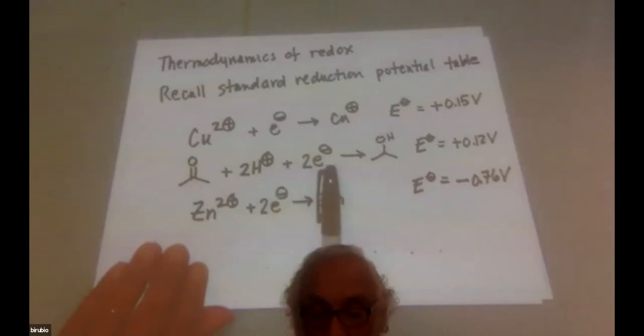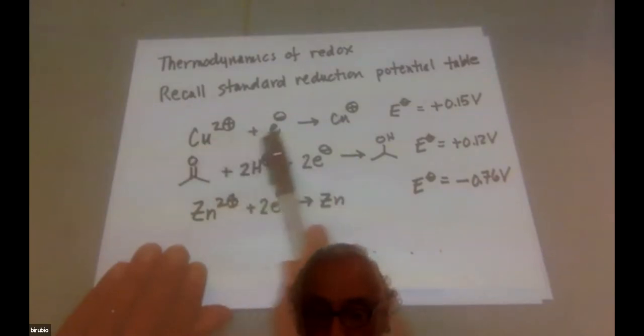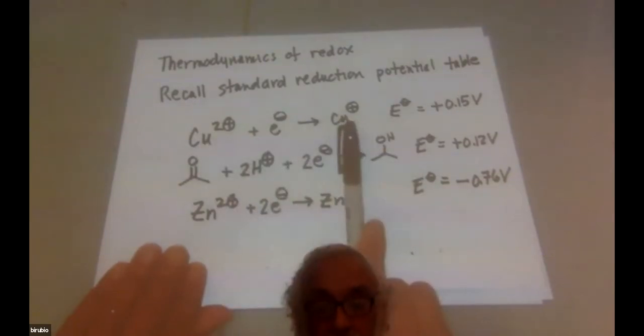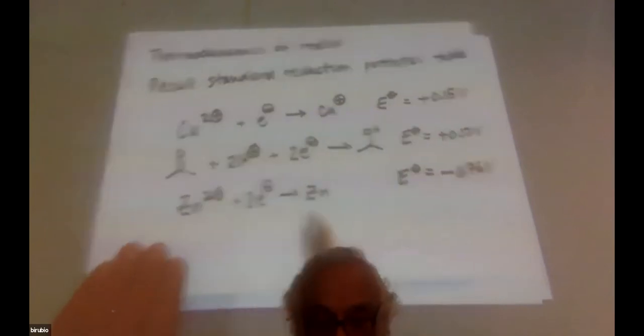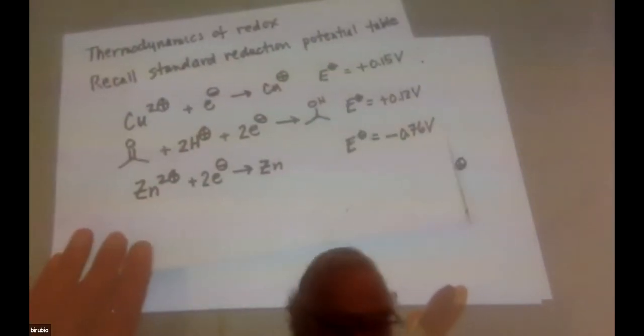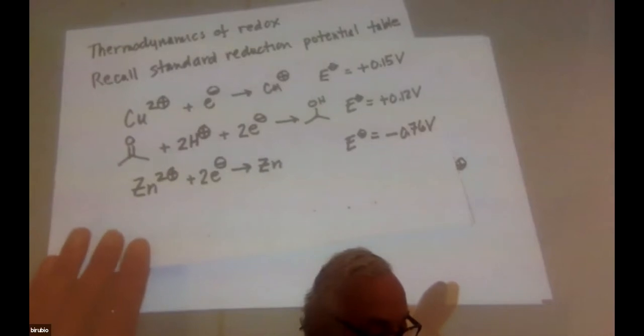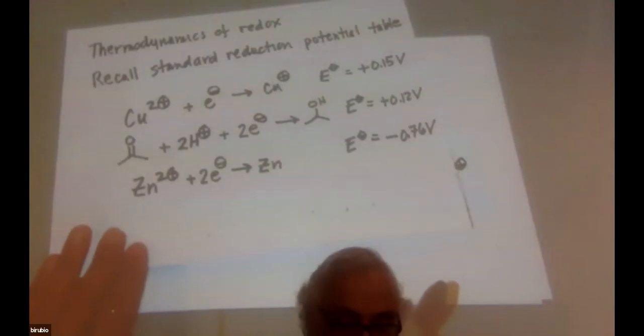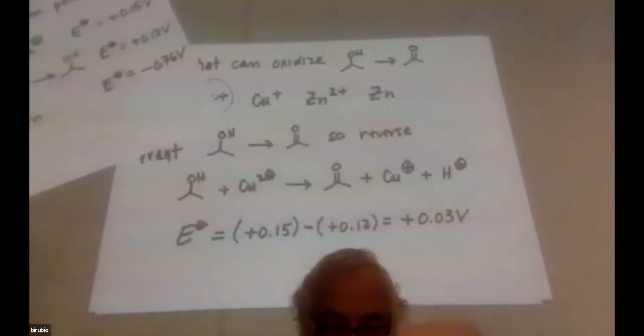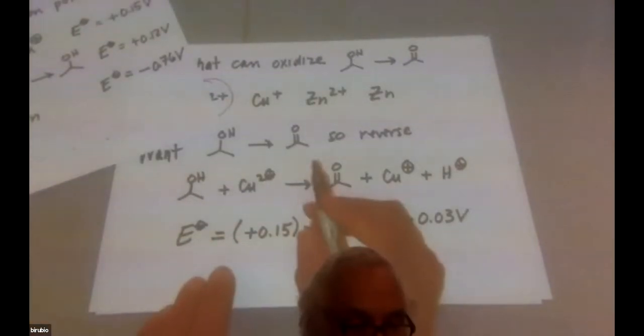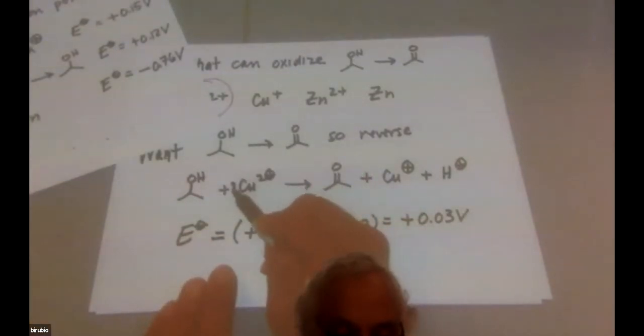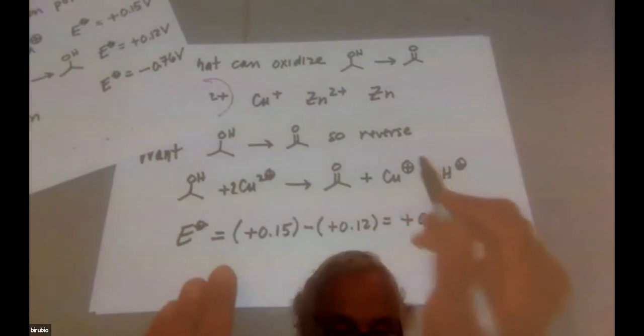I'm going to reverse this guy, and then I'm going to combine these two. And in the balancing procedure, I have to multiply this equation by 2. So it's 2 copper 2 plus.